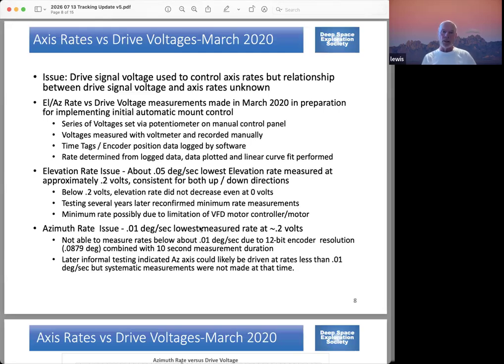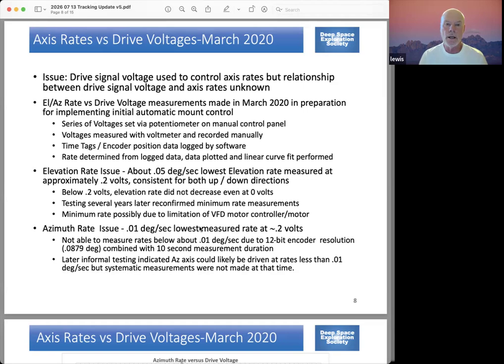So basically, there's no way to get the elevation axis to move at a 0 rate, short of turning it off. And 0.05 degrees per second is about an order of magnitude larger than the fastest elevation rate that we would encounter when tracking stellar objects. Within the solar system, the rates would be different, but they would be pretty close to those stellar rates.